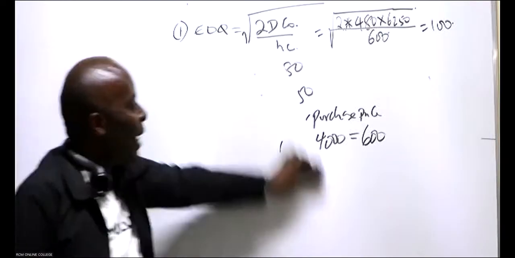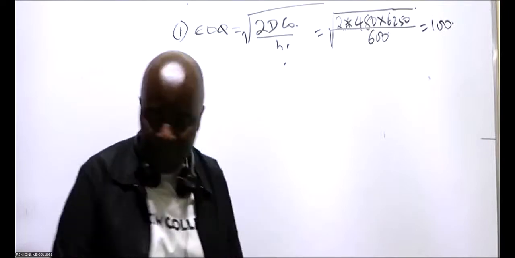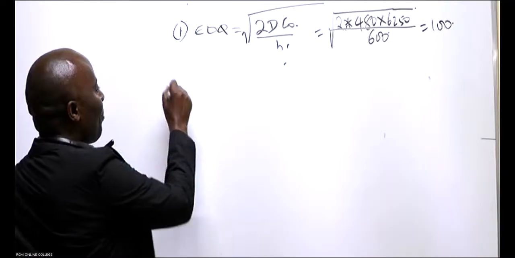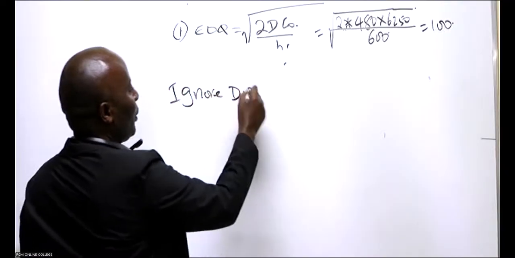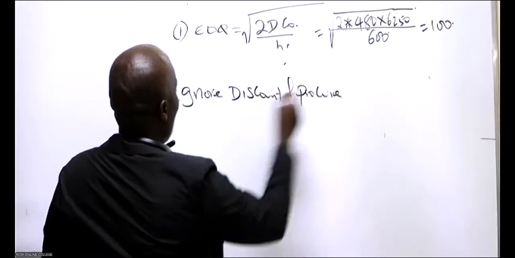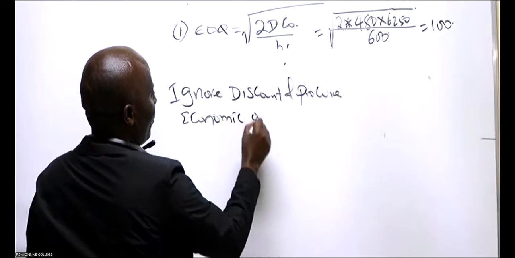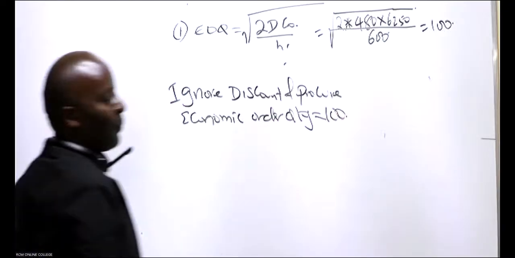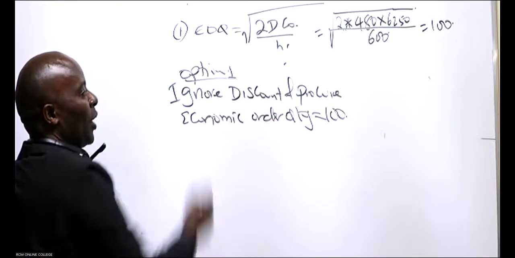So the first option is we ignore the discount and procure the economic order quantity, which you guys have told me is what here? So this is option 1.